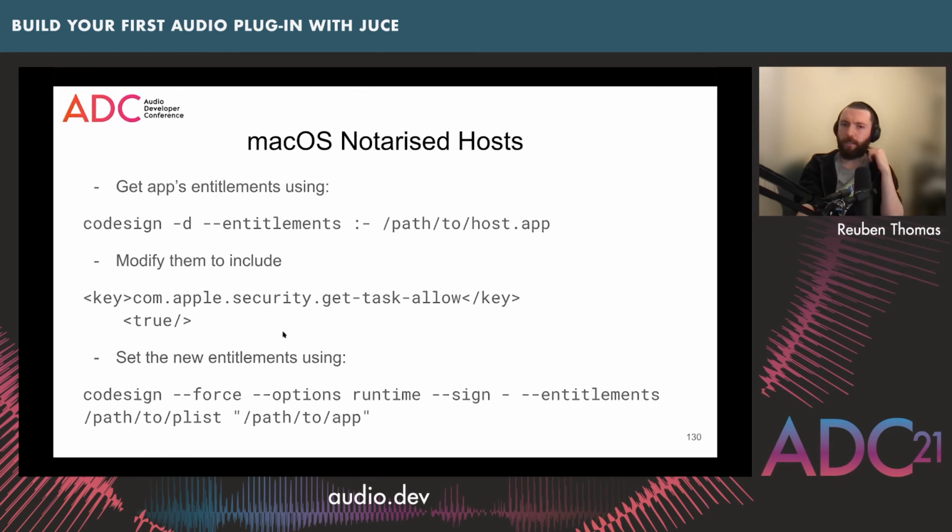I'd recommend backing up the original copy of your host app, just because this is a destructive process. You are modifying the signing of the app. So it's probably good to keep a copy just in case something goes wrong. It shouldn't go wrong, best to be safe. And then, yeah, we can set the new entitlements with this new key by calling codesign with force and all of these options and passing our new entitlements file. Cool, hopefully that'll make sense.